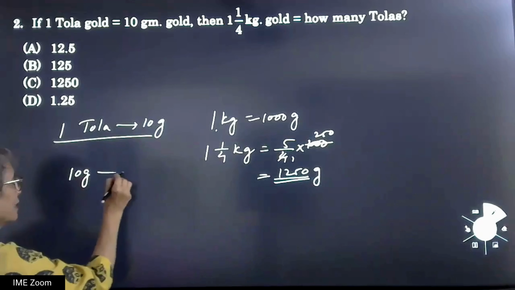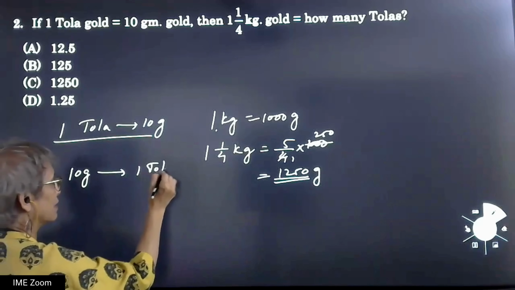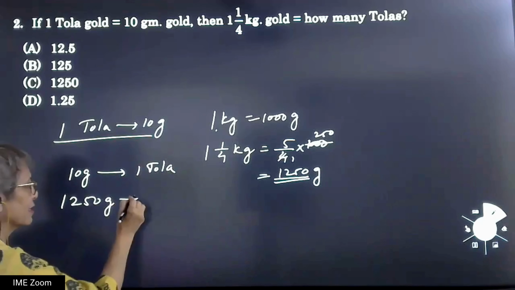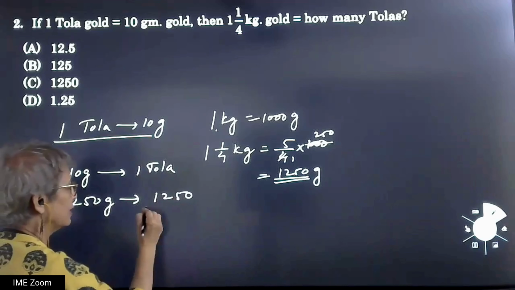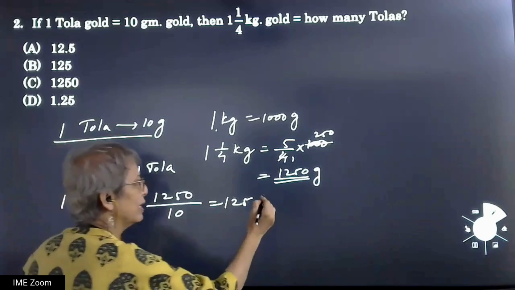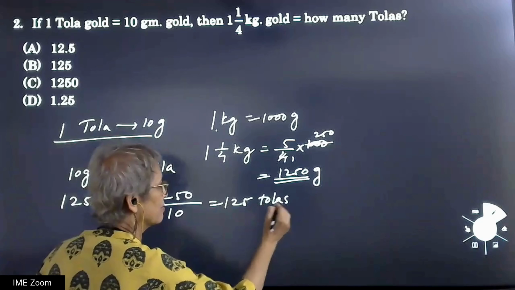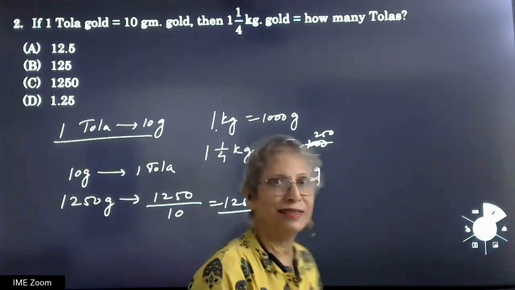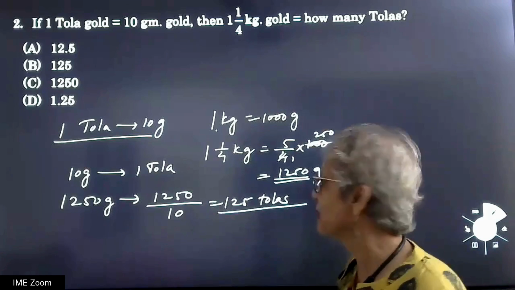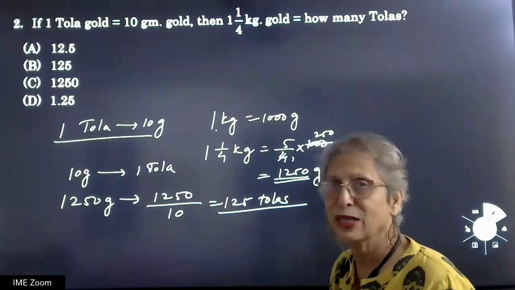We have 1250 grams. So 1250 divided by 10. These are 125 tolas. So 1 1/4 kg means how many tola? 125.